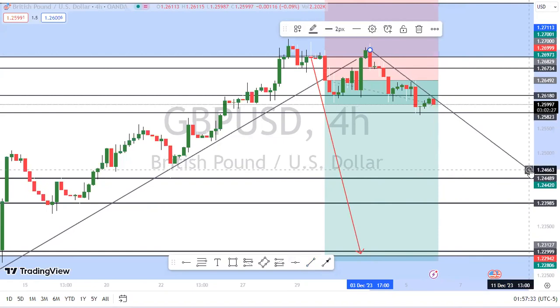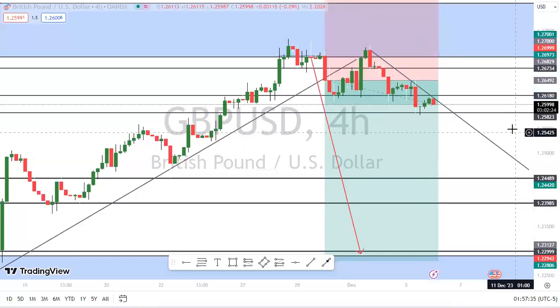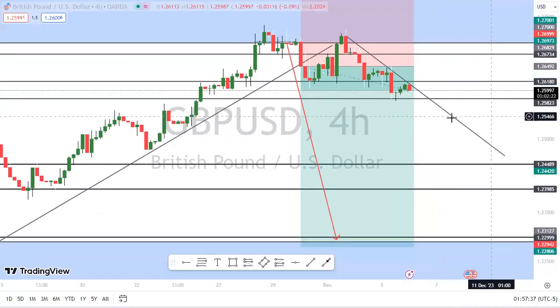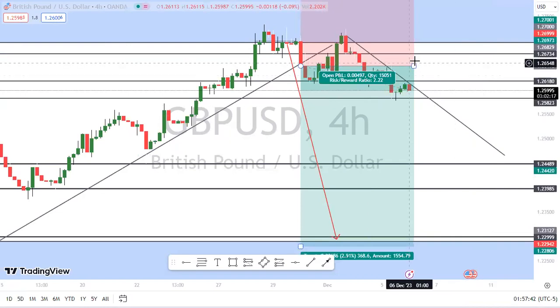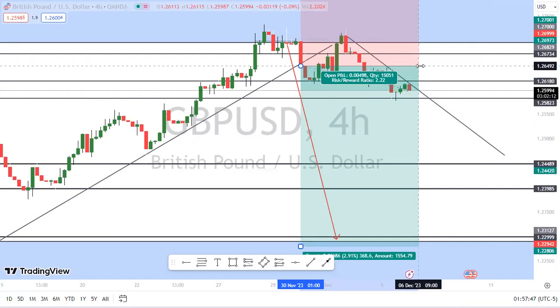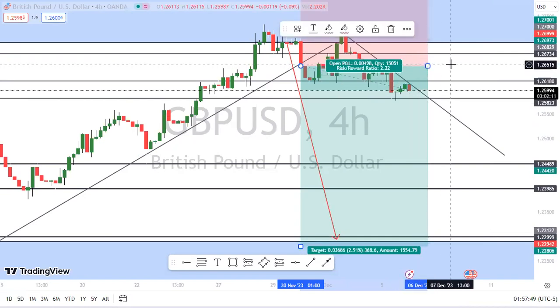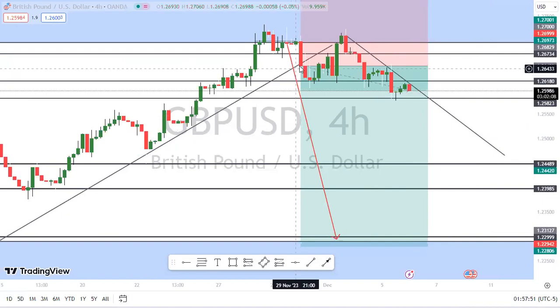I think this is what we expect the market to be doing, to keep on following down this counter trend line. But I think we hit our first take profit on GBP, because that's the entry.